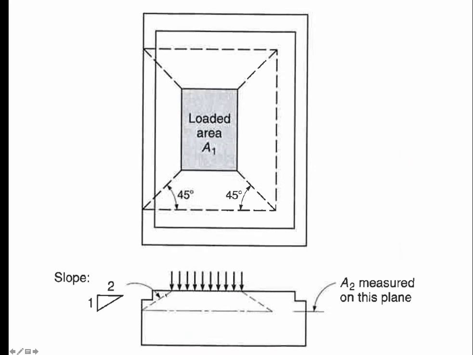The frustum gets cut off here because this hits the edge of the foundation. So right there, that defines the bottom of the frustum, and by definition, you would then draw a horizontal here and say that's it. From there, you will measure an A2, which would be looking down on the footprint of that area A2. And we'll look at an example as we go along.